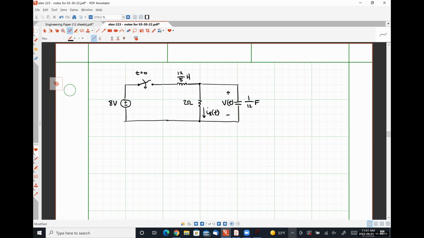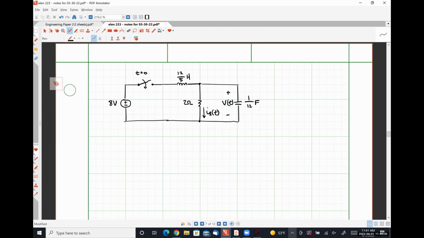Another way to think about that is the resistor isn't an energy storage element, which means our initial conditions on it don't actually mean anything because it can change values abruptly, okay? So the resistor is an unreliable quantity to be able to figure out how the system behaves as a whole.